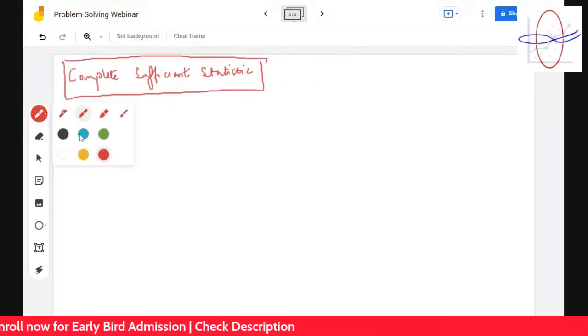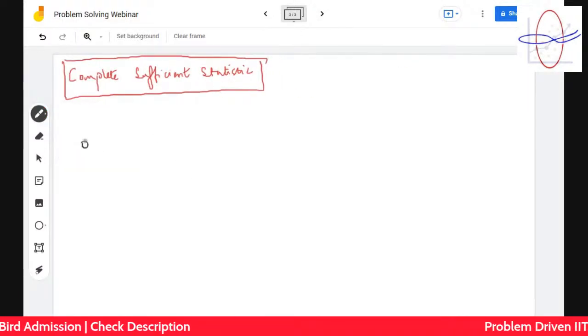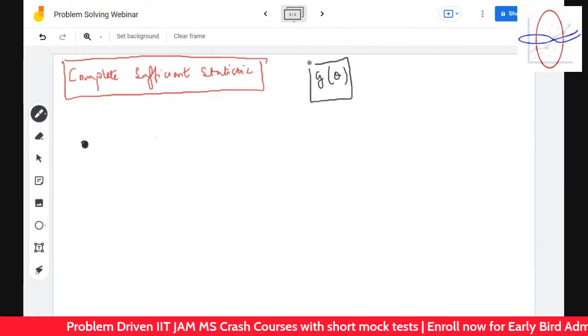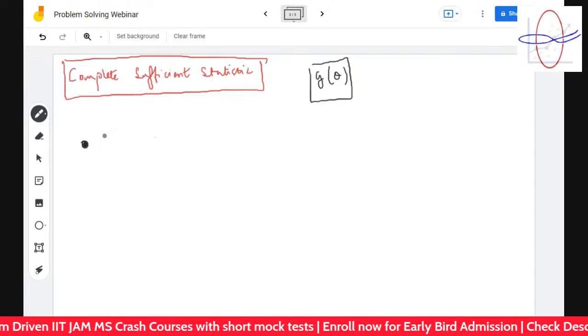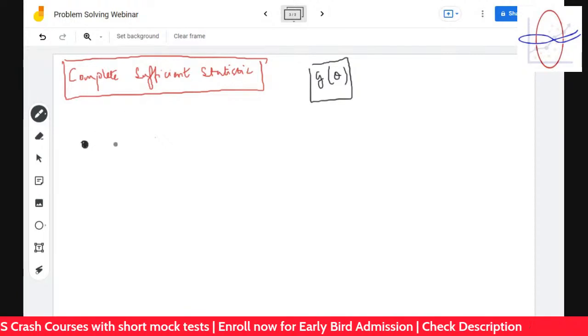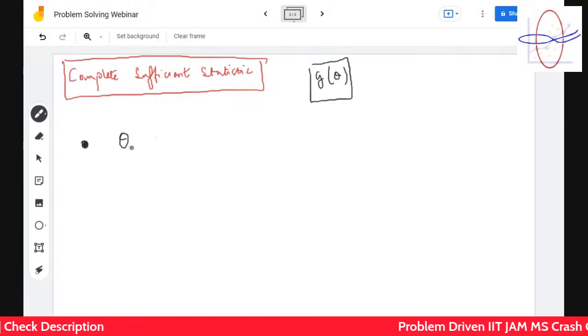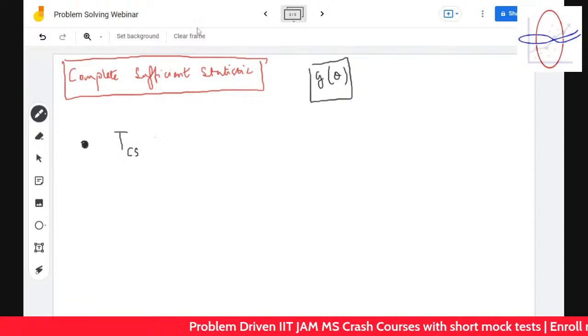And the second one is: the aim is to find the UMVU of g(theta). So what you do is that you first find a CS, let's say T. I write T_CS, where CS means complete sufficient.